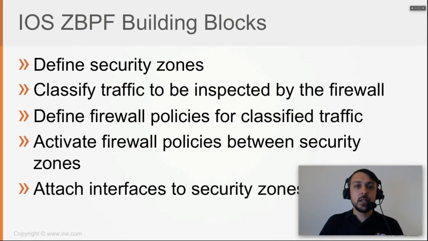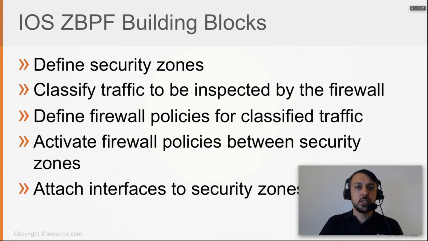Now, even though some documents out there state that the order might be different, this is the recommended order from my point of view, because as you're going to see at the end of this presentation, if you define the zones and then attach the interfaces of the router to the zones before configuring the firewall policies, then you're going to end up blocking pretty much all traffic flowing back and forth to the router.